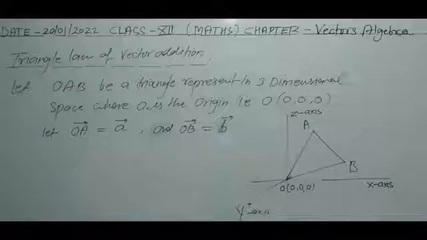Vector AB is represented by vectors A and B.